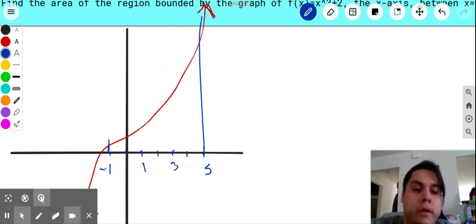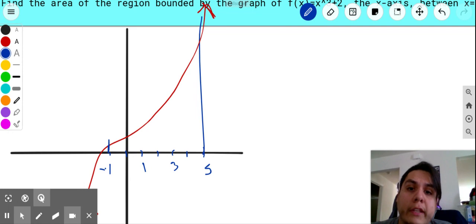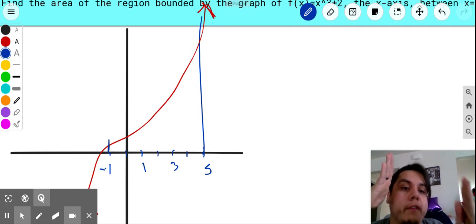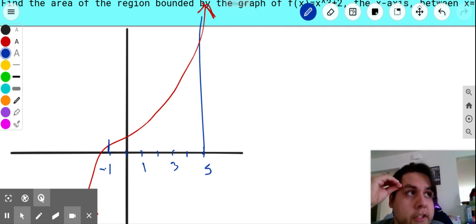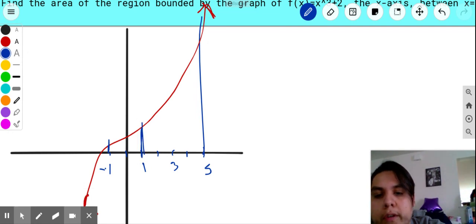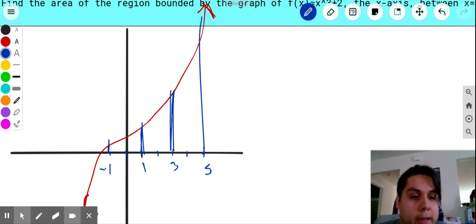All right. So the first thing I need to do is break these up into 3 equally spaced intervals. So since I'm going from negative 1 all the way to 5, there's a difference of 6 between those two values. So if I break that into 3, I need to count by 2. So from -1 to 1, from 1 to 3, and then 3 to 5, equally spaced.